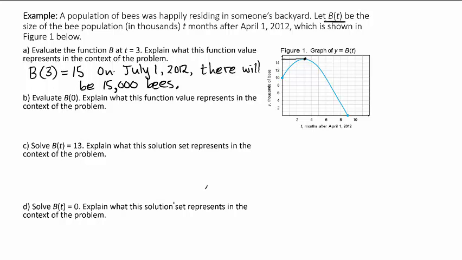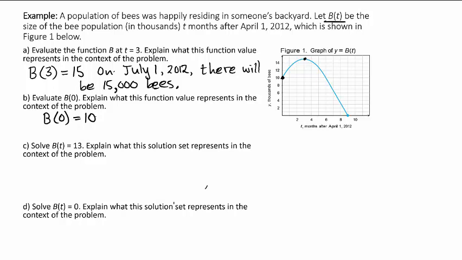Then in part B, it says evaluate b of 0. Explain what this function value represents in the context of the problem. With b of 0, that means the input value is 0, right? So essentially let x be 0, and then what is the y value when x is 0? So that gives us the y-intercept, right? Which is 10. So we know that b of 0 is 10, and then of course it says explain what that means.